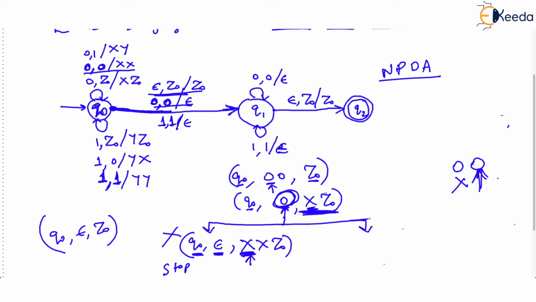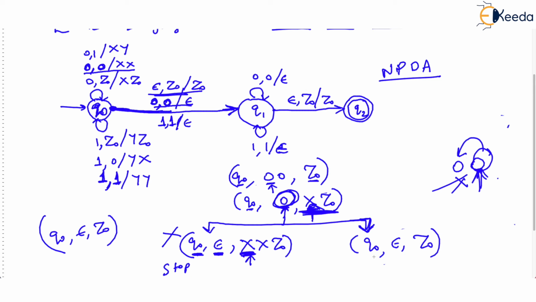What is the other action that PDA can take? It can say that center is reached. So if the center is reached, then for this 0, top is X, so it will pop the X. In that case, what we will get is Q0, epsilon, Z0. You can see that the X which was present on the stack has now been popped.